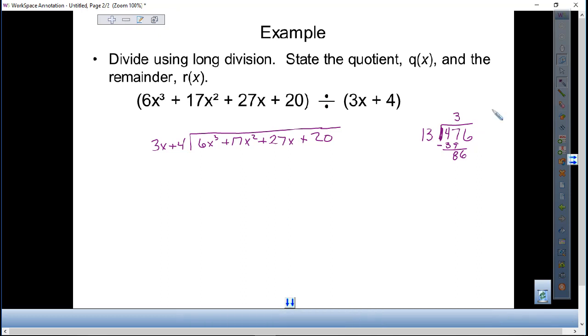It would be 65. 6, 8 is 68. 7 would be 91, though. Okay. So it's going to be 6. So that's going to give you 18 here. Carry the 1. That'd give you 78. And then, of course, you'd have a remainder of 8.